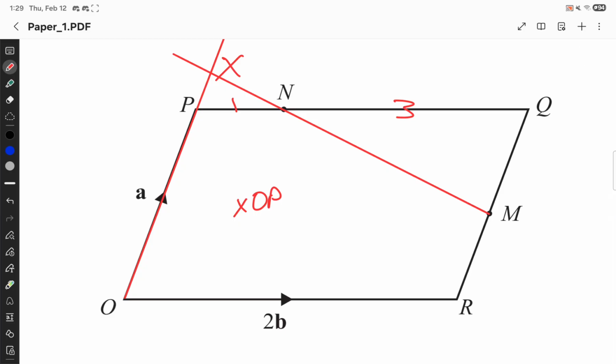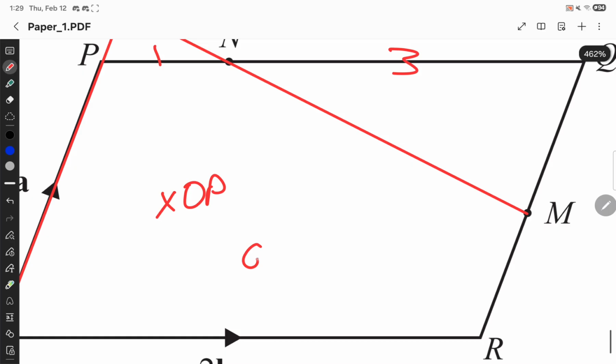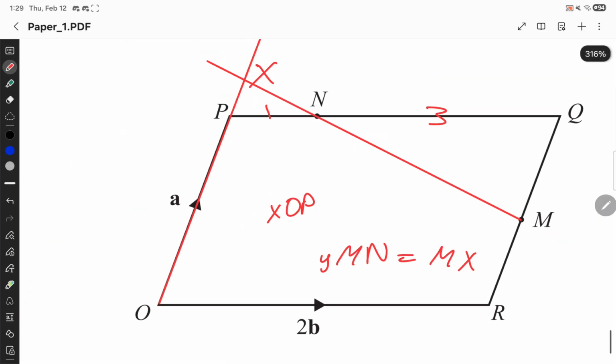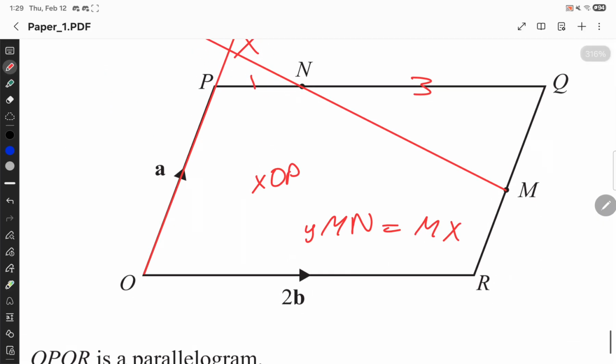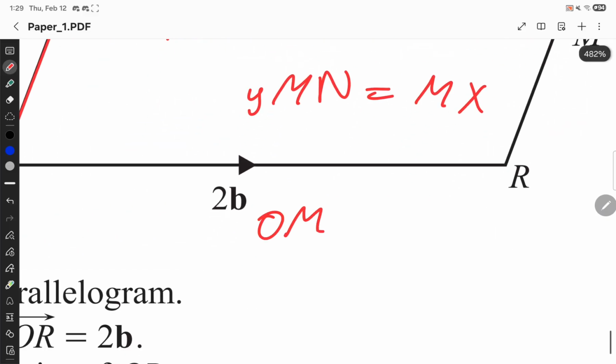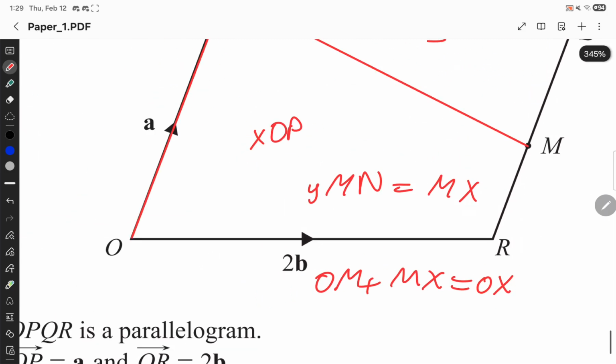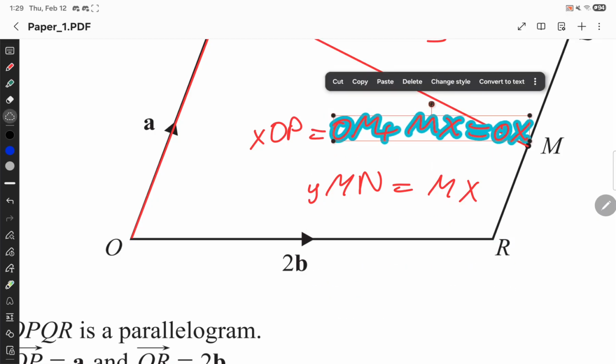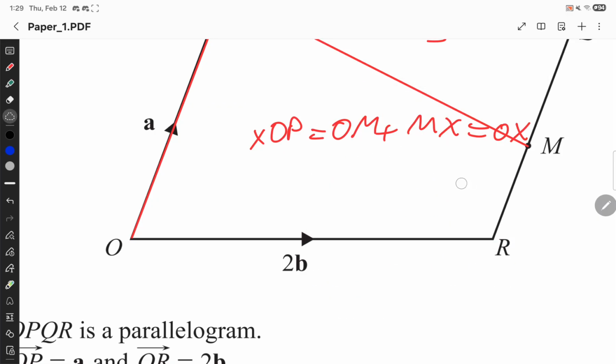So we do know that YMN is equal to MX, and we need to combine this to the origin. So OM plus MX is equal to OX, but we see this is also OX. So why don't we connect it like so?